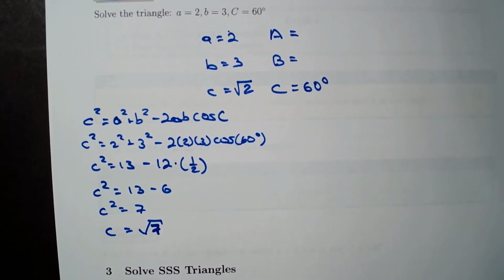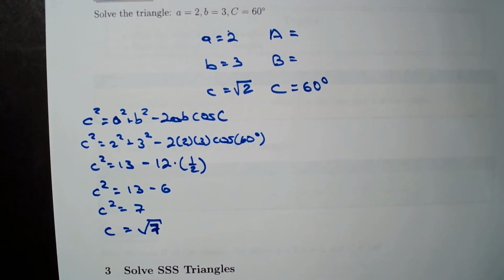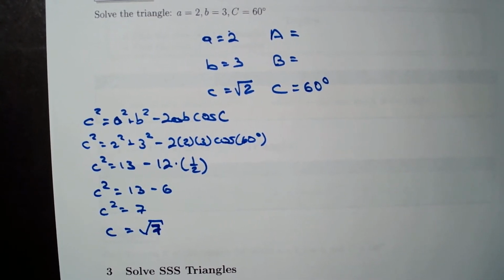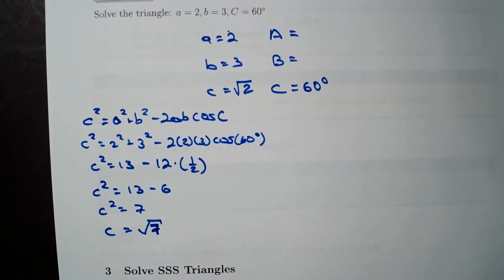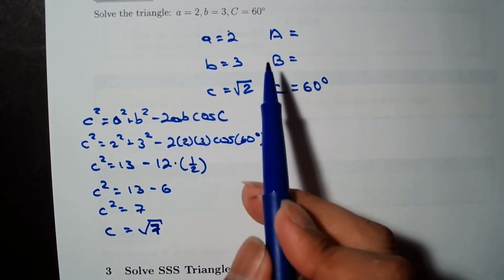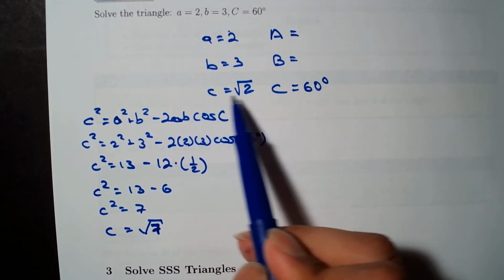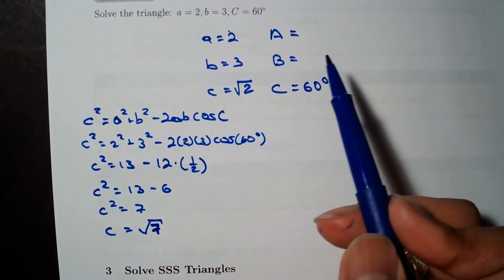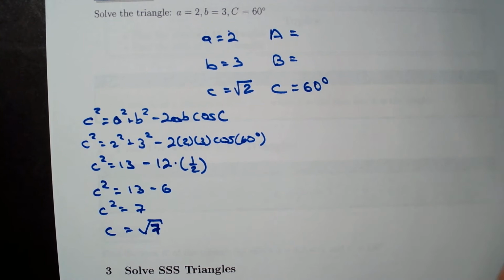All right, so we have one of the sides. Now what are we going to do? Well, we have a few alternatives here. We could use the law of sines, or we can use the law of cosines. It's up to you.